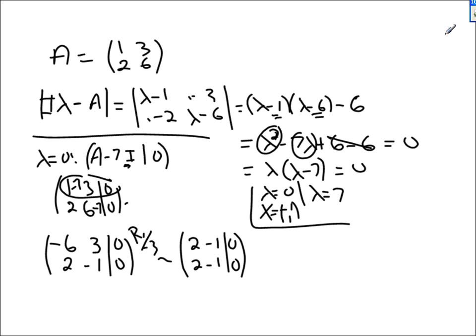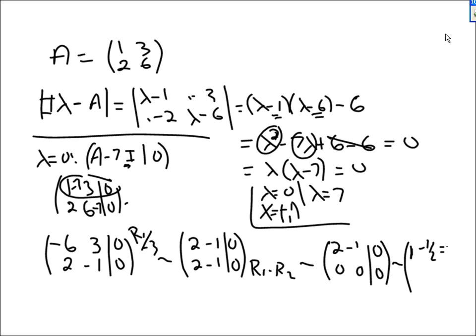The two rows are the same. So if I just subtract, the bottom row will be zeros, and the top row is that. If I divide the top row by 2 to get my 1 now, I get this. Okay, let me go to the very top, please.